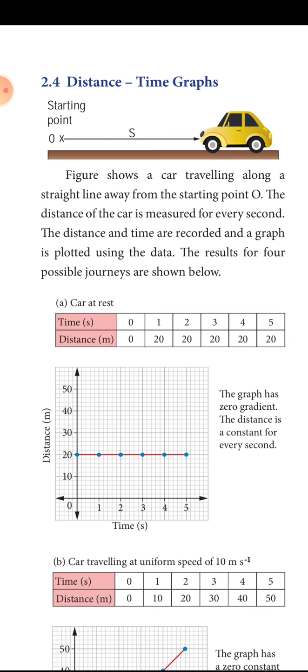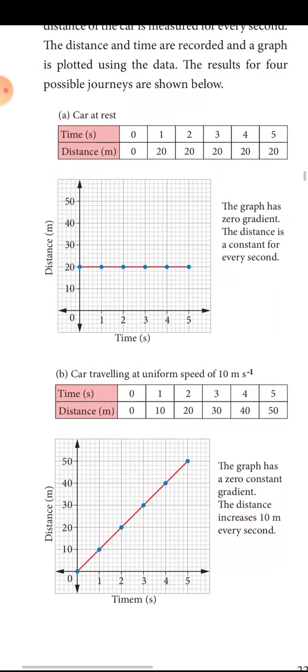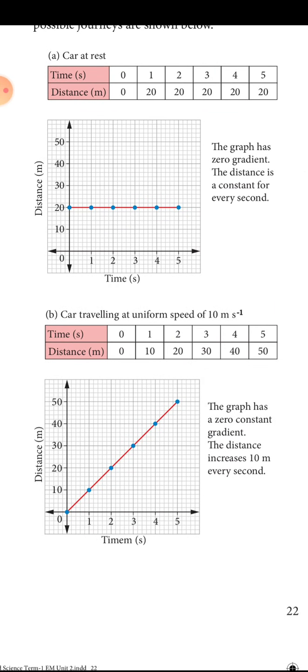Secondly, for 0 time the distance is 0, and at 1 second 10 meters, 2 seconds 20 meters, 3 seconds 30 meters, 4 seconds 40 meters, 5 seconds 50 meters.